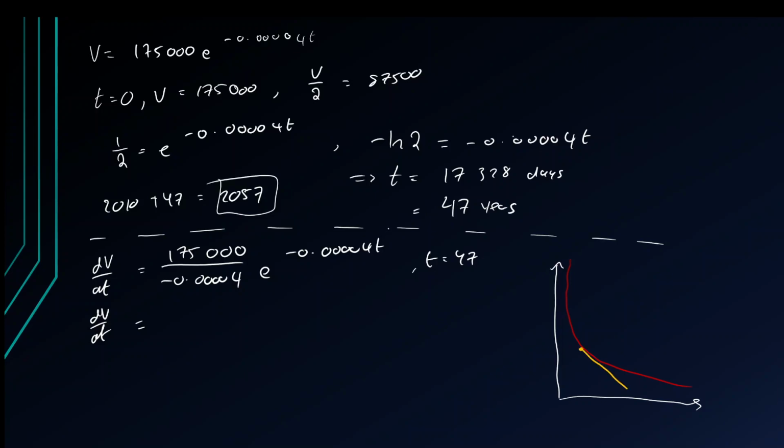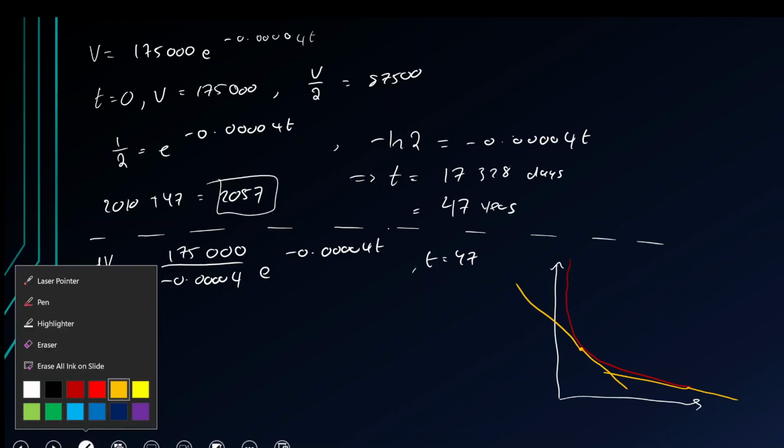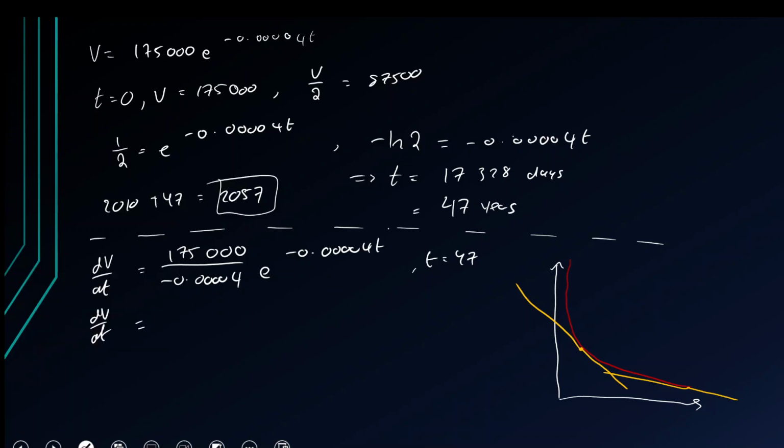At t equals 47 it is decreasing, but not too much. But in this case, we do get a very large decrease, about minus 4.3 times 10 to the 9 cubic meters per day, which is quite a lot.